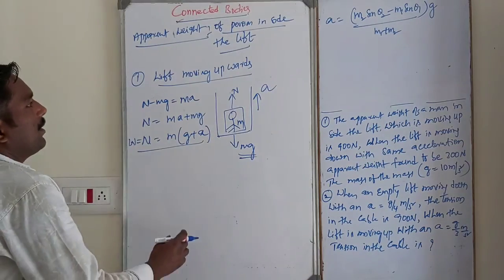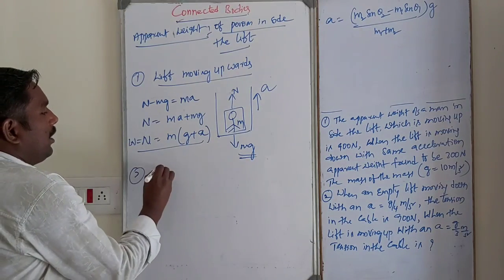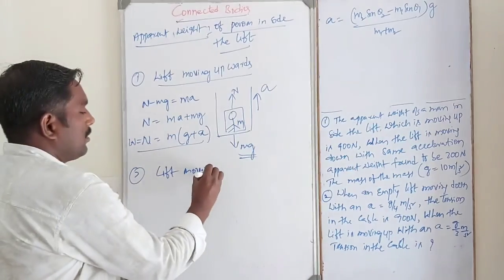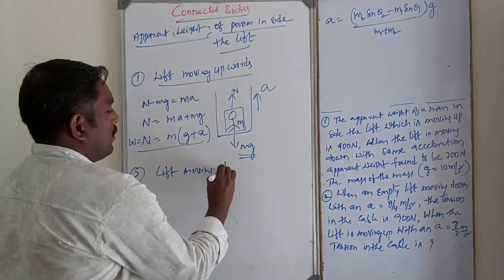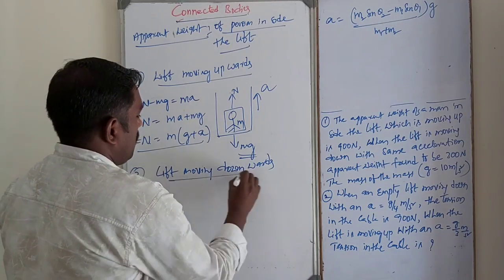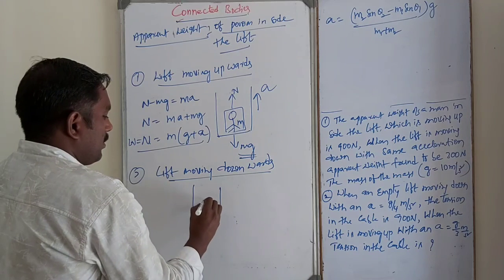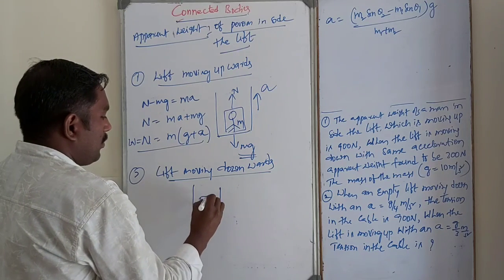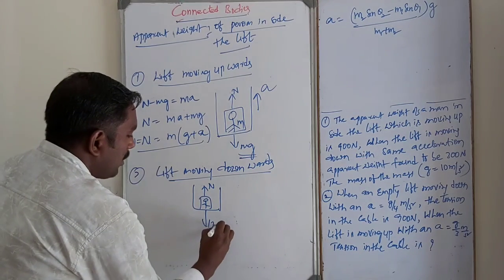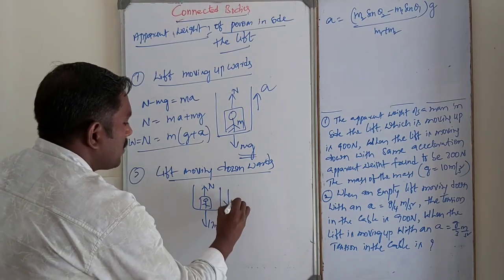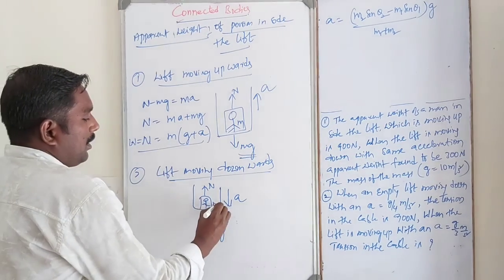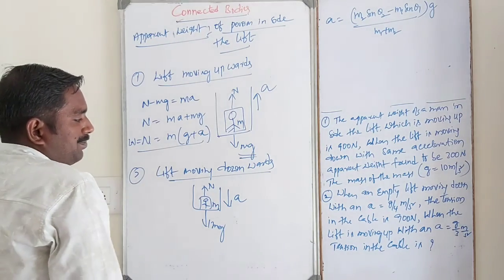Okay, next, the second one: lift moving downwards. Like this, the lift moving downwards, this is the normal reaction, and the weight is mg. The acceleration will be downwards because the lift is moving downwards. M is the mass of the person.